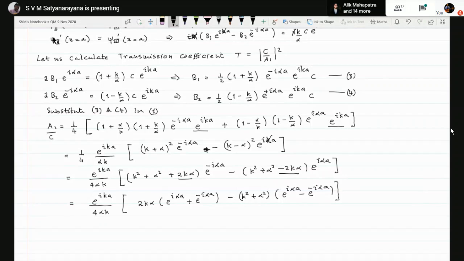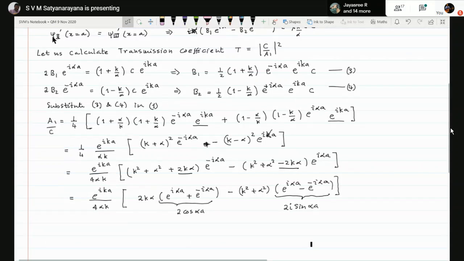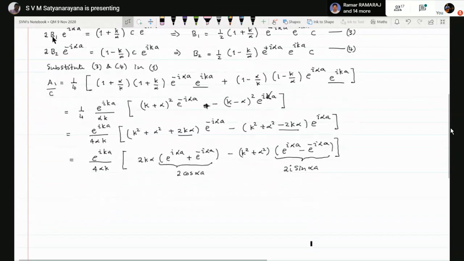So this is essentially 2 cos alpha a, and this is 2i sine alpha a.